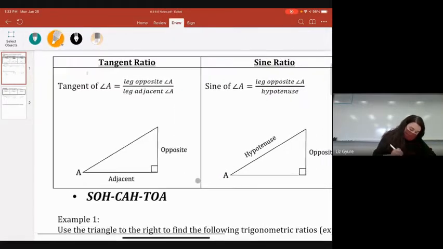In this case, I decided to just call it a generic angle A. And how this ratio is set up is the tangent of that angle, whichever angle you're provided with, equals the length of the leg opposite angle A over the length of the leg adjacent to angle A.